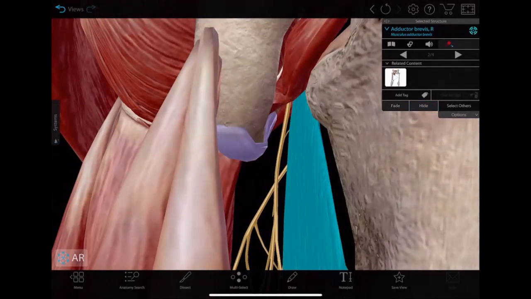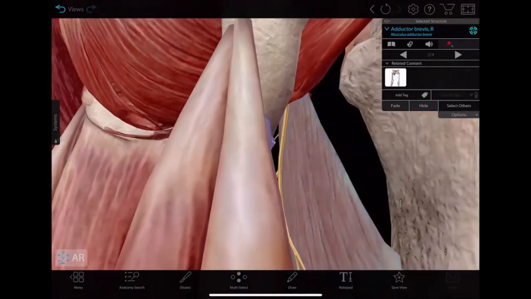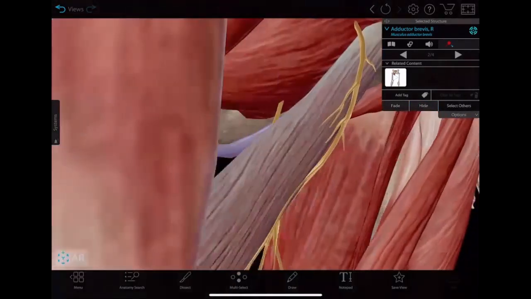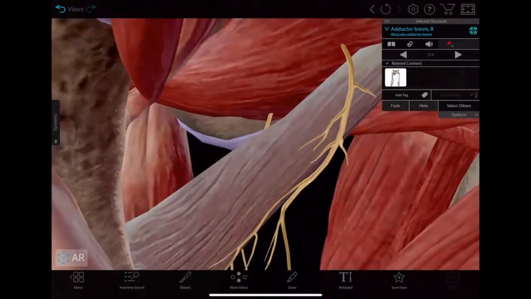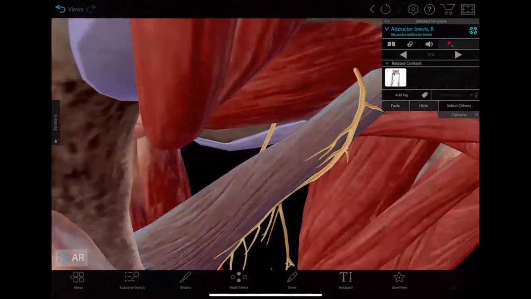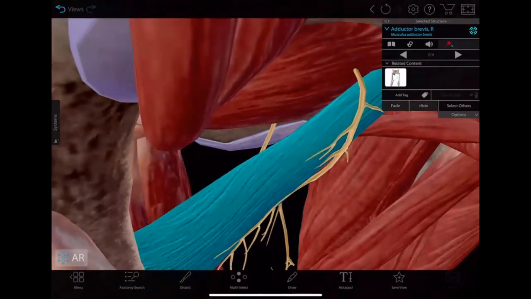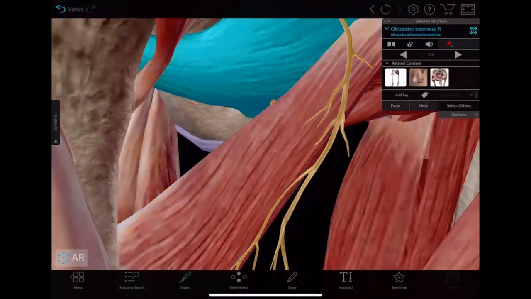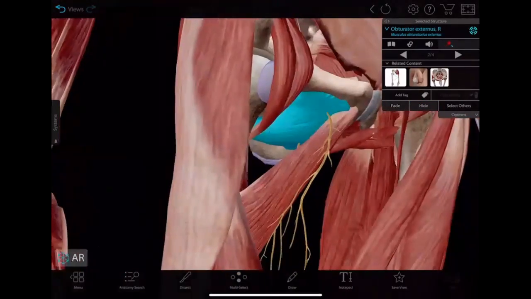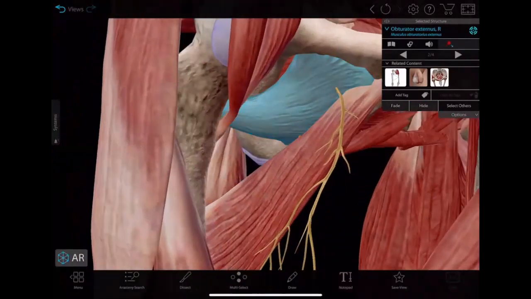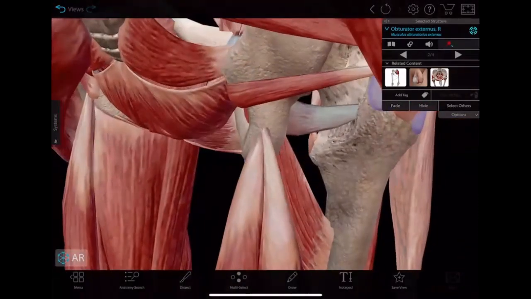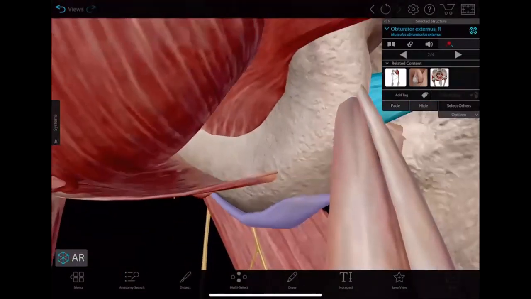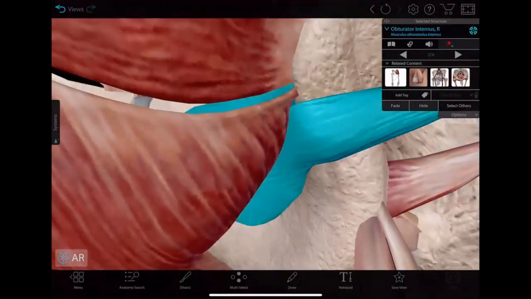This one is adductor brevis. This one is the posterior branch of the obturator nerve, whereas this one is the anterior branch. Now you see the anterior and posterior branches. This one is the obturator externus muscle, whereas this one is obturator internus.